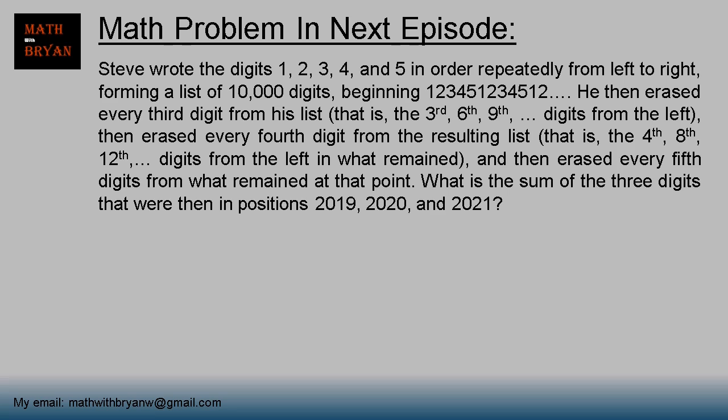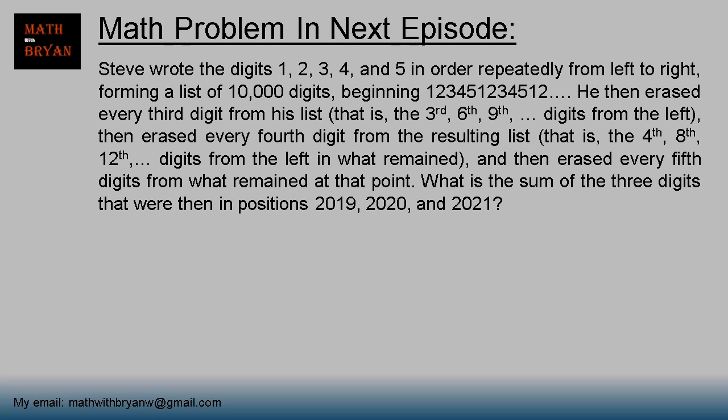Our math problem in the next episode: Steve wrote the digits 1, 2, 3, 4, and 5 in order repeatedly from left to right, forming a list of 10,000 digits beginning 1, 2, 3, 4, 5, 1, 2, 3, 4, 5, 1, 2, etc. He then erased every third digit from his list, that is the third, sixth, ninth, etc. digits from the left.